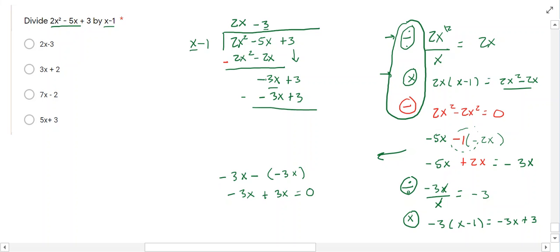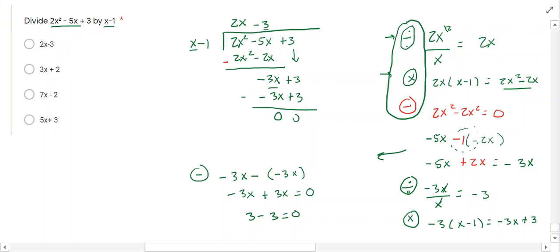These two just cancel out. So this is the subtraction phase. And then you just have 3 minus 3, which is equal to 0 as well.